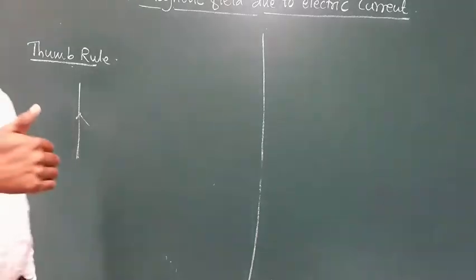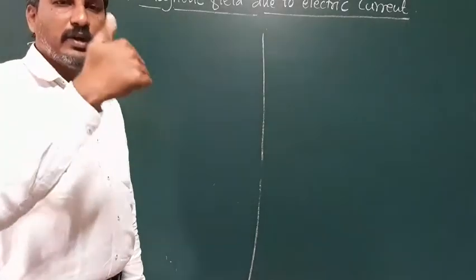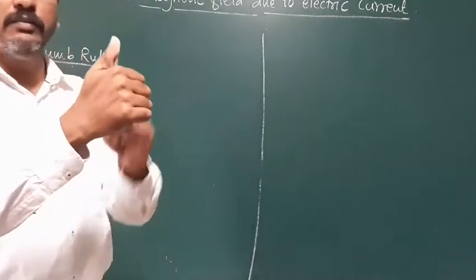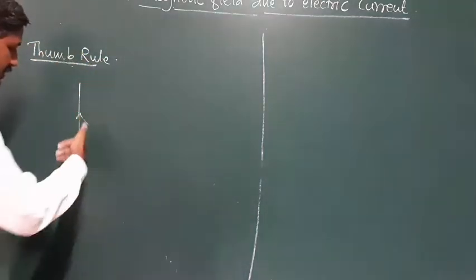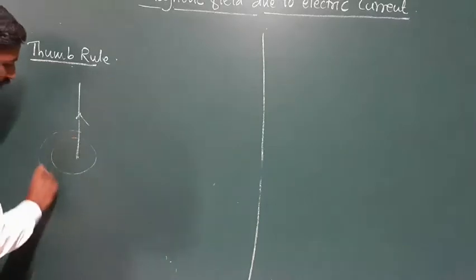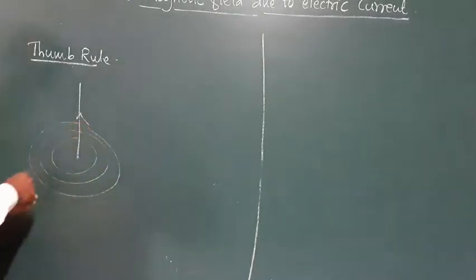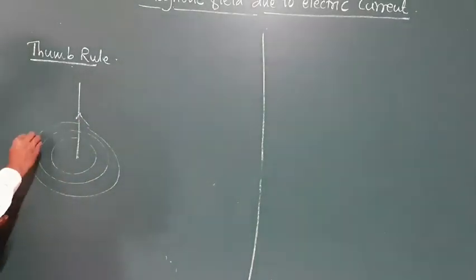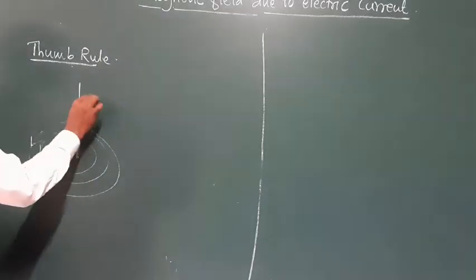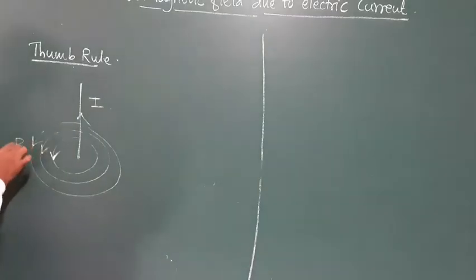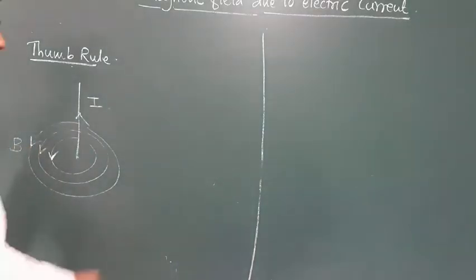The straight thumb indicates the direction of electric current, and the curled fingers show the direction of magnetic field. This is the direction of current and this is the direction of magnetic field.